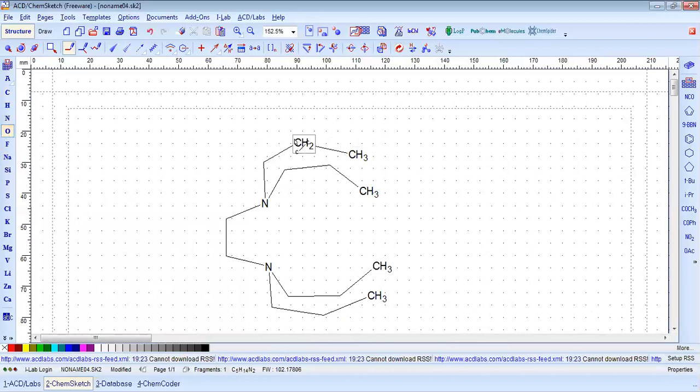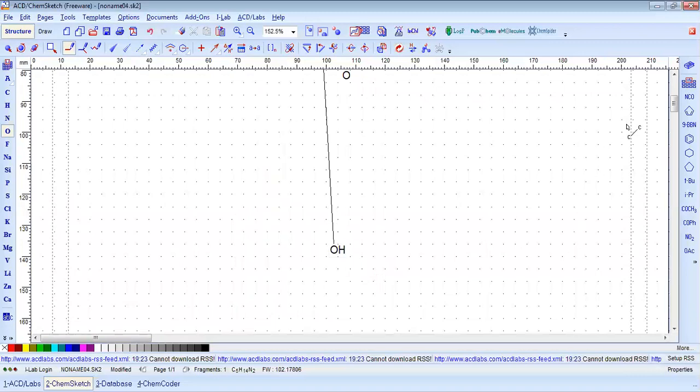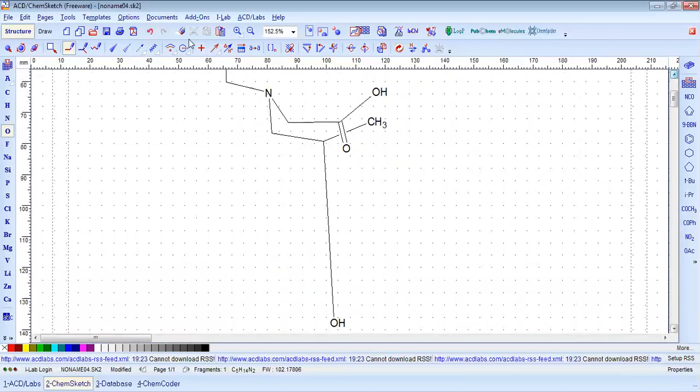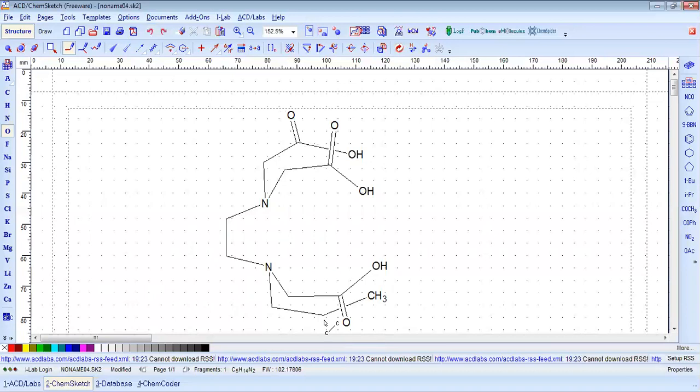So convert the carbonate into H, and here the carbonate into H, and here the carbonyl into H. The partial structure is ready.